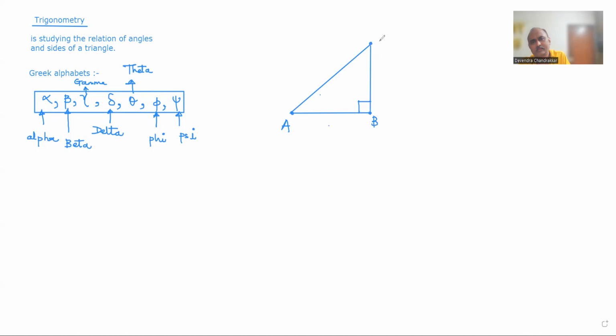BC is the height. So this is perpendicular or height. We can call it perpendicular to the base and we'll name it as P. AB is the base and we'll name it B, and AC is the hypotenuse.